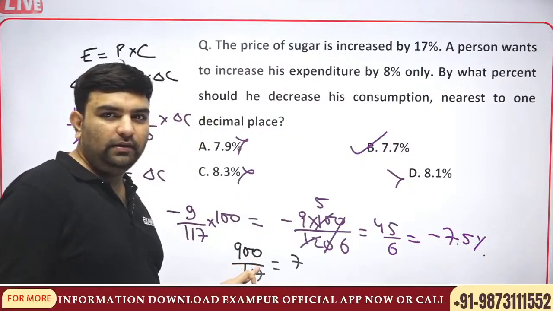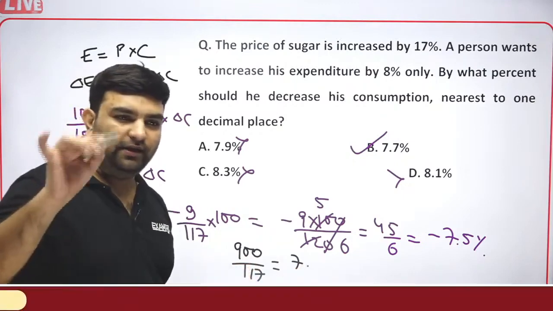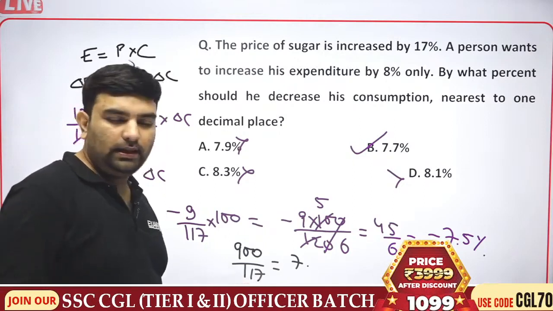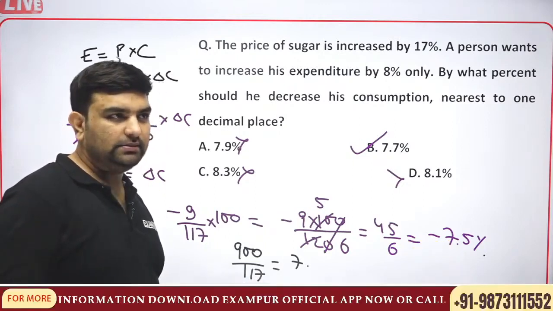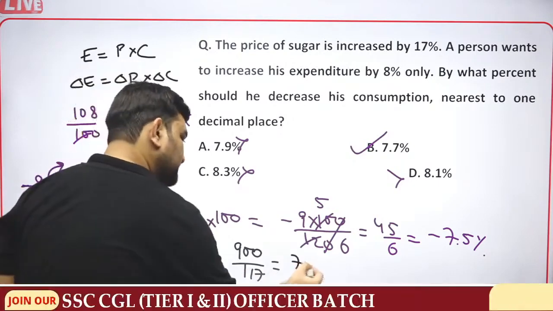After 819, 81 is remaining. 81 into 10, 810. 810 is again about 819, so 7 times.